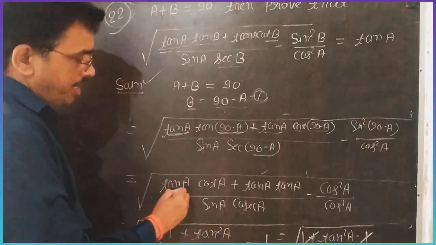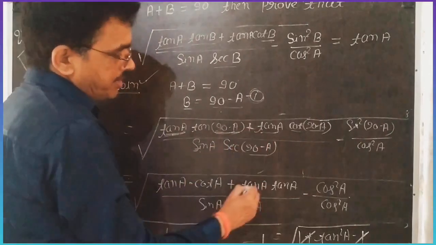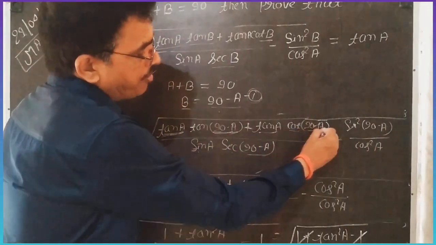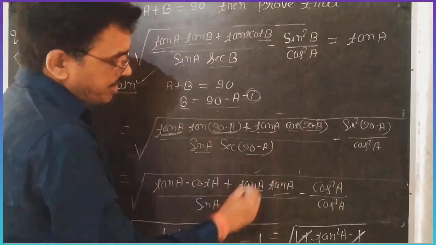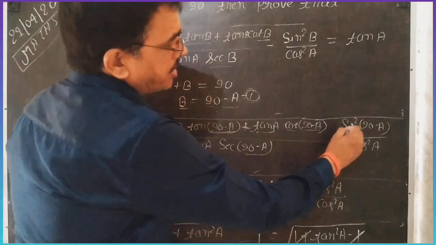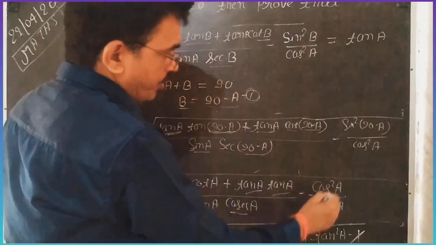Tan A. This is tan 90 minus A, that is cot A. Here is into, plus tan A, or cot 90 minus A is also tan A. Here is sin A, sec 90 minus A is cosec A, minus sin 90 minus A is cos, and here is cos A. Both are square.